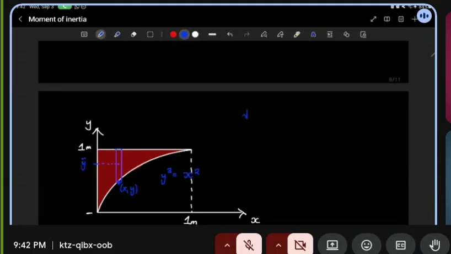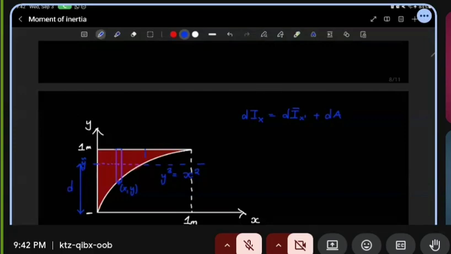So remember our expression, we're going for the moment of inertia for the differential section about the x-axis, which will be equal to its moment of inertia about a centroidal axis plus the area of the differential section multiplying the distance between the x-axis and the centroidal axis. Now observe that in this case, the distance from the x-axis to the centroidal axis will actually correspond to y tilde. That would be what the distance is.